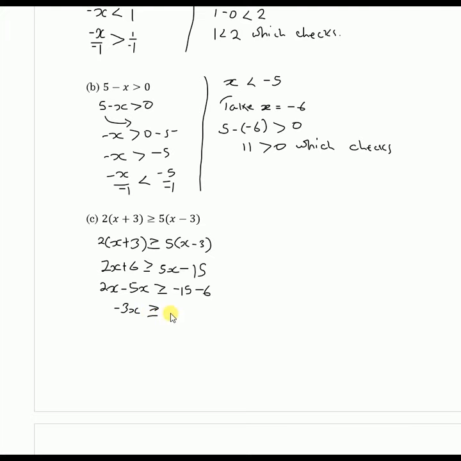Now negative 15 minus 6, that is negative 21. And to get x alone, we shall get negative 3x divided by negative 3. It is now less than or equal to negative 21 divided by negative 3.